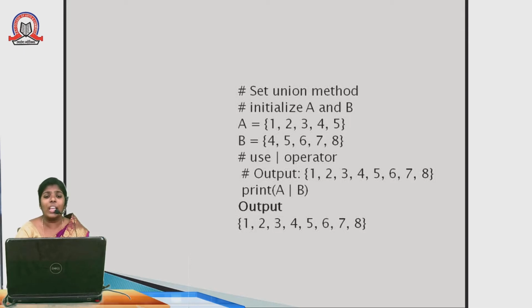Here 4 and 5 are in A and also in B, but they will be printed only one time because there is no duplication. That is the union concept.